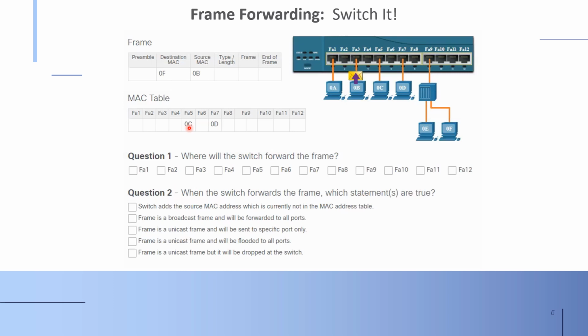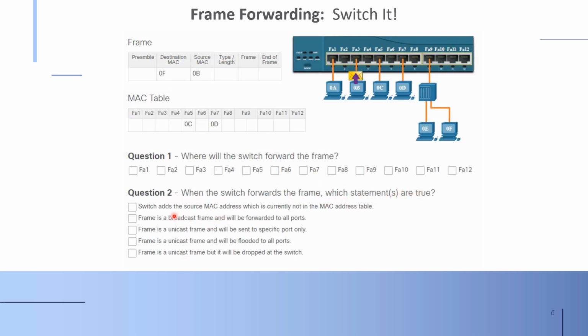The first question will be where will the switch forward the frame, and you have to identify the egress port from the frame and the MAC address table. The second question will be when the switch forwards the frame, which statement will be true.